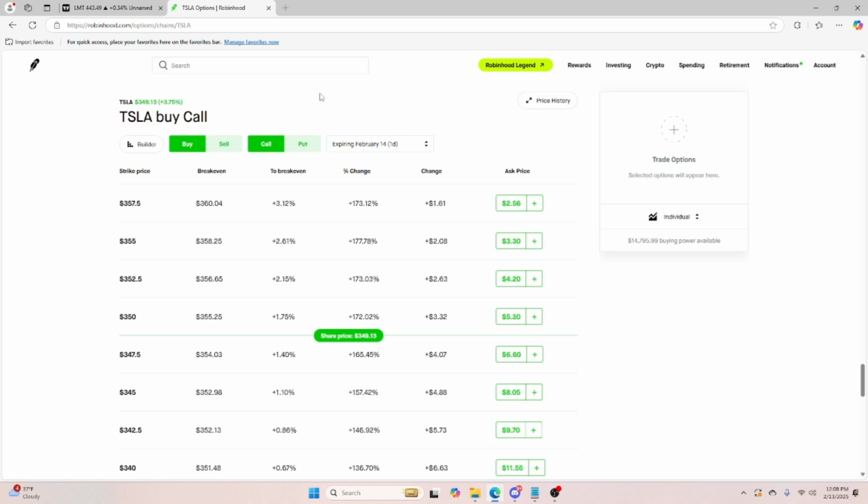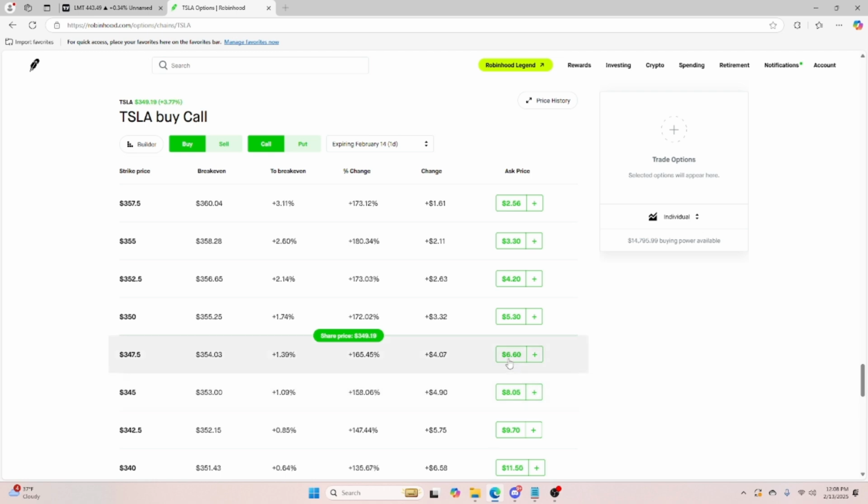Okay, so we're going to be talking about option calls first. So an option call, right, you would be doing buy call because you want to buy a call, right? Buying a call means you think the stock is going to keep going up. For example, as you can see here, these are the prices that the sellers are asking, right?